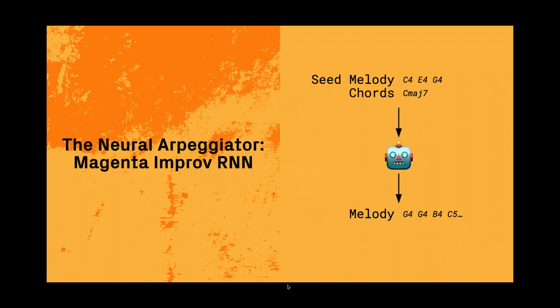In this particular model, you give it two arguments. You give the beginning of your melody, and you give the chord structure you want the generated melody to stay within. When you give those two arguments, out pops a melody that hopefully stays within that chord. And that's pretty much it. It's a function that you just need to call.